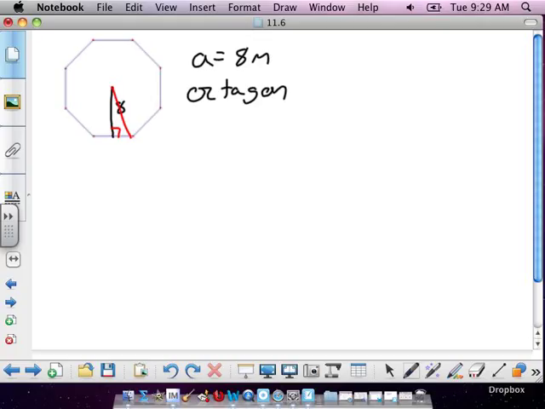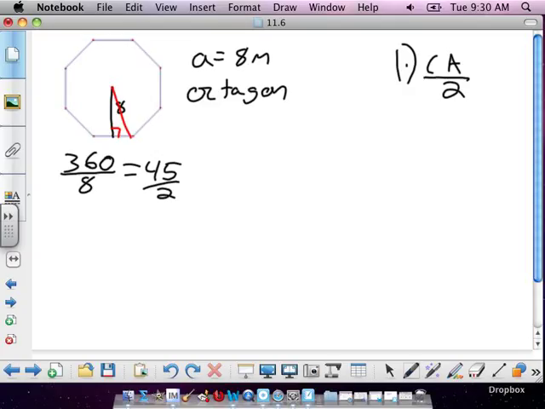So step number 1, I'm just going to abbreviate central angle, and then we're going to divide that by 2. How do we find the central angle again? 360 divided by 8. And what is that? 45. But is that my answer? I'm going to divide that by 2. And what do I get? 22.5.